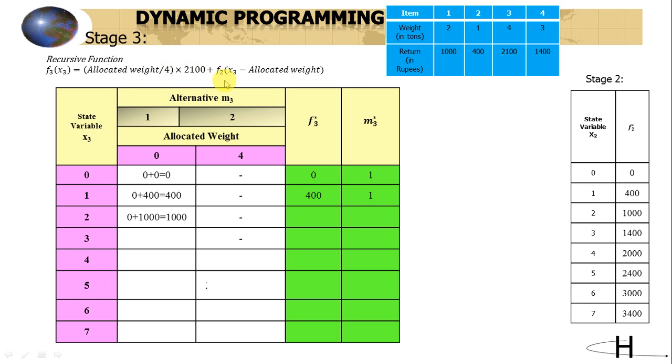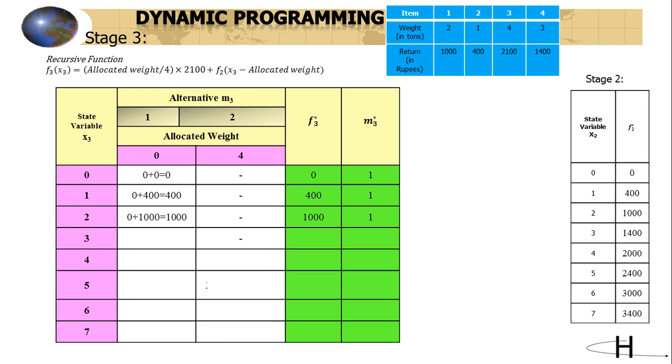Now f2 of x3, it is 2 minus allocated weight 0, so it will be 2. So f2 of 2 is 1000, so 0 plus 1000 is 1000. So the best value of the recursive function is 1000 with respect to alternative 1.